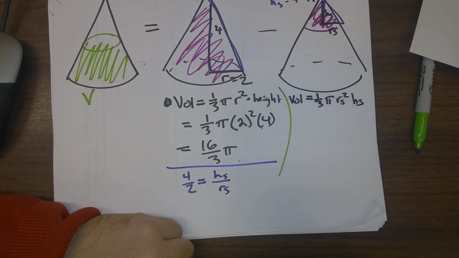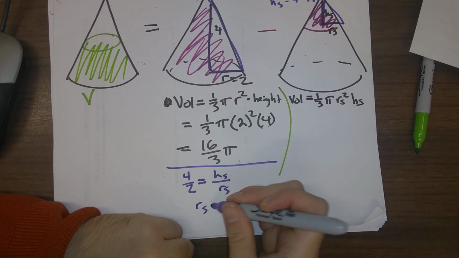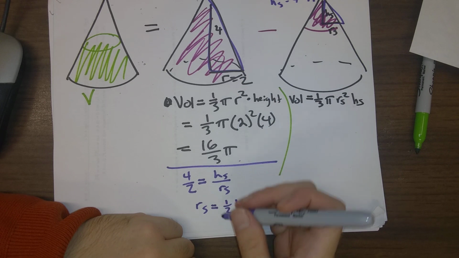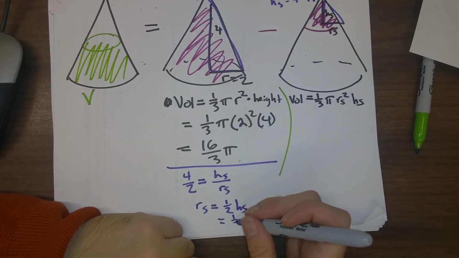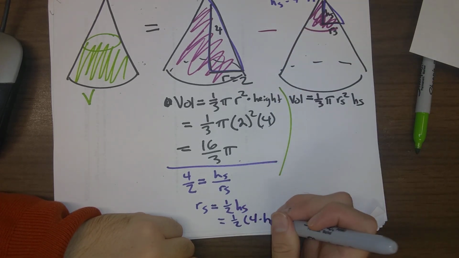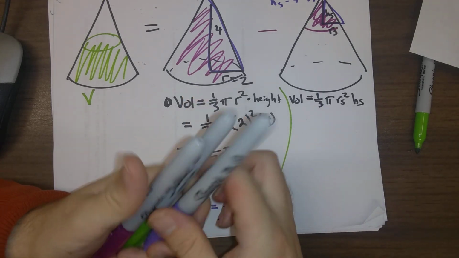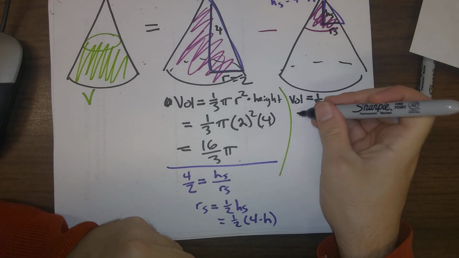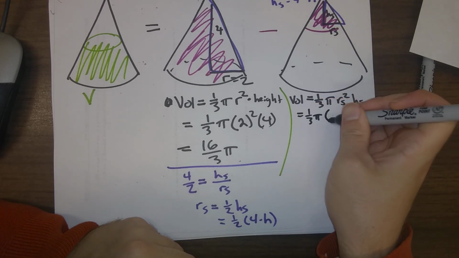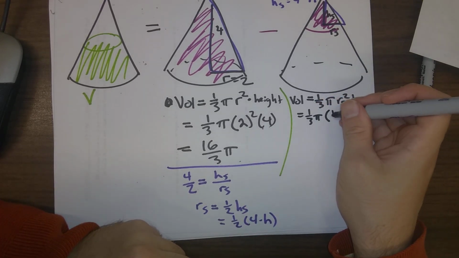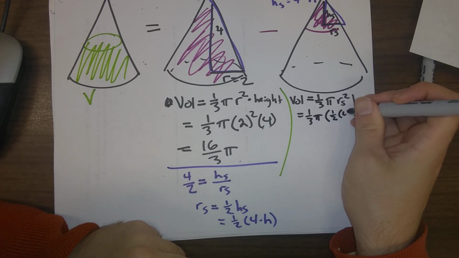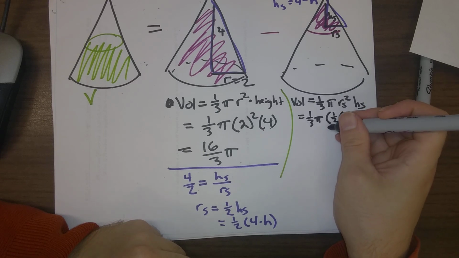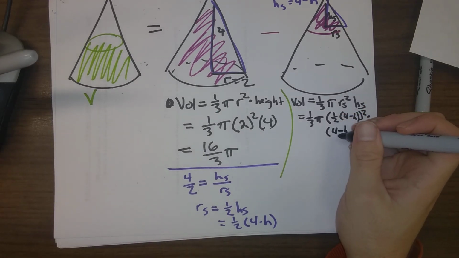In other words, rearranging this, RS is going to be 1/2 times HS, but we just said HS is 4 minus H. So this gives us all the information we need to fill in our volume. So 1/3 pi, RS is 1/2 times 4 minus H, all of that squared, and HS itself is 4 minus H.